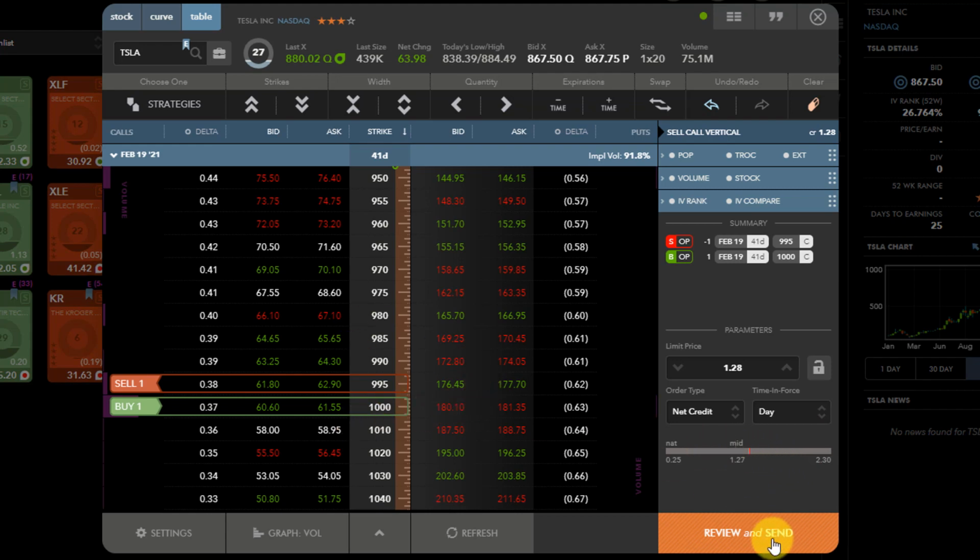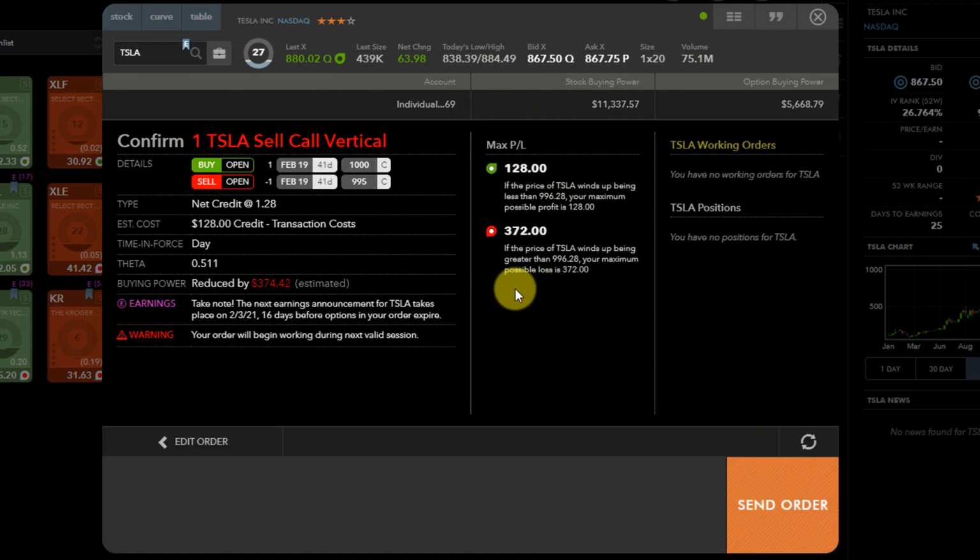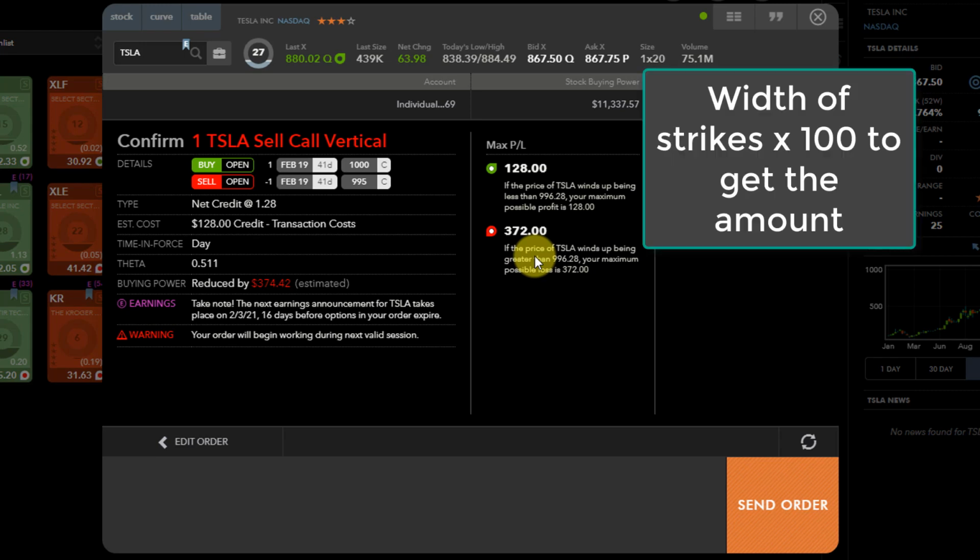So if you clicked review and send, you would see the max P&L right away. So for instance, if you did sell it at that 128, which wouldn't be a great price in my mind, essentially you're saying max profit 128 and your max loss is basically what you collected, right? So you collected $128 and the width of the strikes was $5.